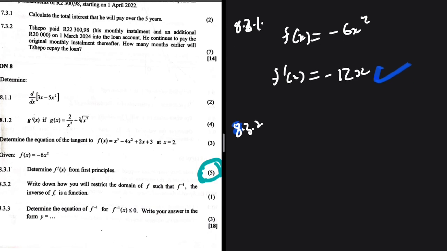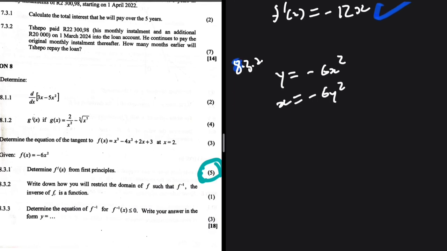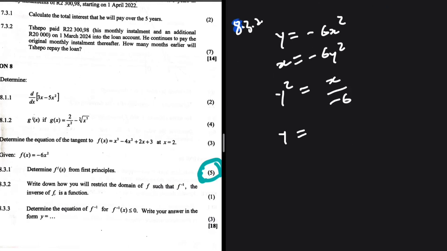So y equals minus 6x squared. So the inverse is x equals minus 6y squared. So we end up with y squared equals x divided by minus 6. So y equals plus or minus the square root of x divided by minus 6.